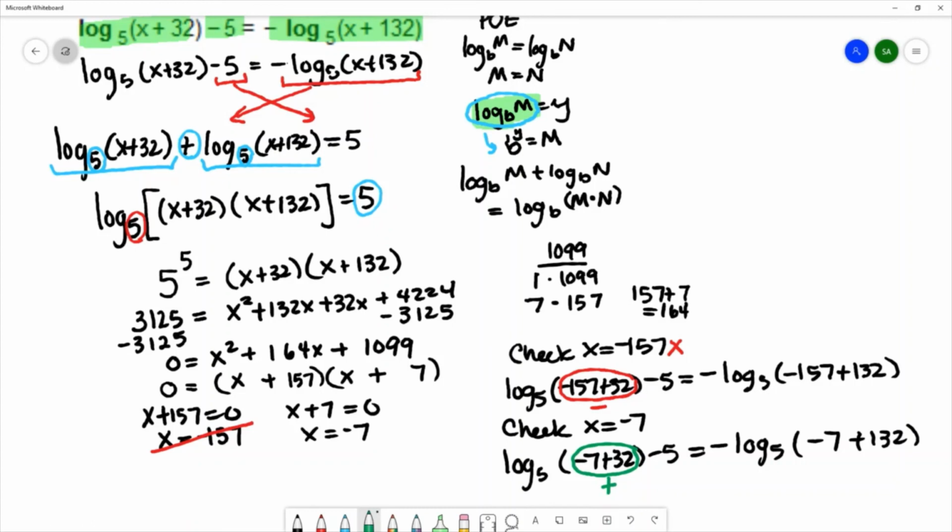Log of a positive is defined. And over here, the other log, negative 7 plus 132 will be a positive. Log of a positive is defined. So negative 7 is in the domain of each of our logarithmic expressions, and we're going to keep that solution. So x equals negative 7 is the only solution to this logarithmic equation.